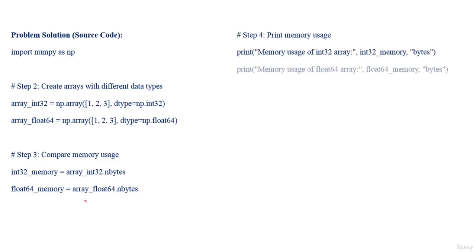First of all, importing NumPy and creating arrays. You can see two arrays with different data types, integer and float. Now compare memory usage. You can see the memory usage when you print your result, for example, int32, int32, and float64. It will show their memory usage in bytes.